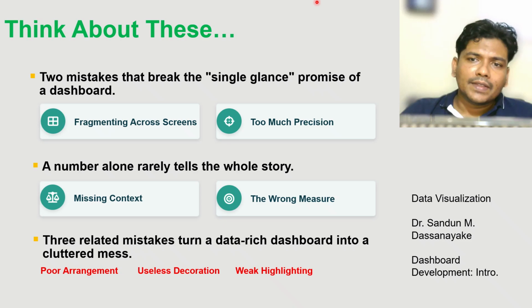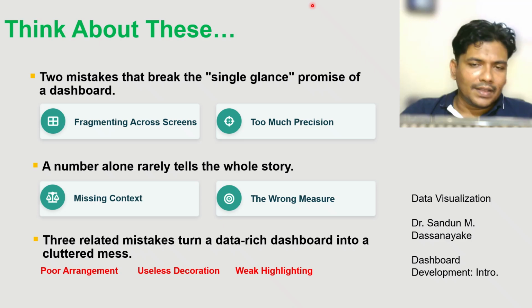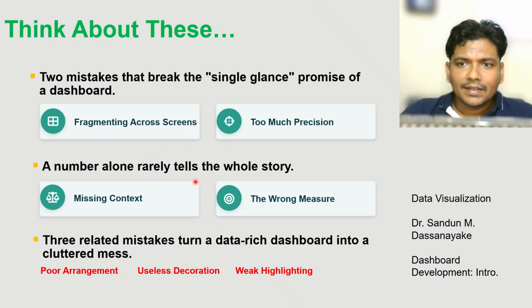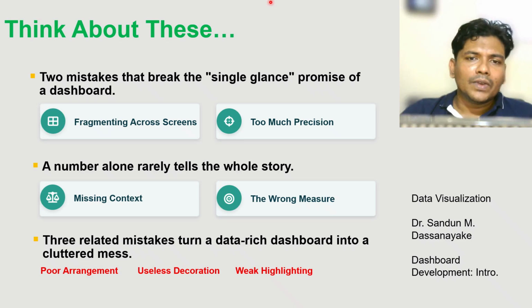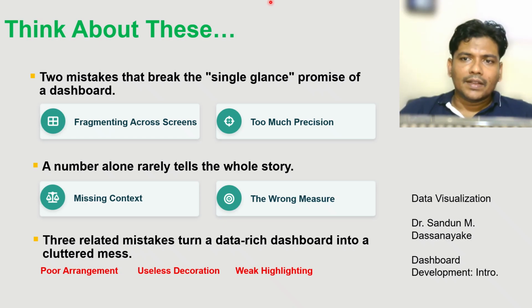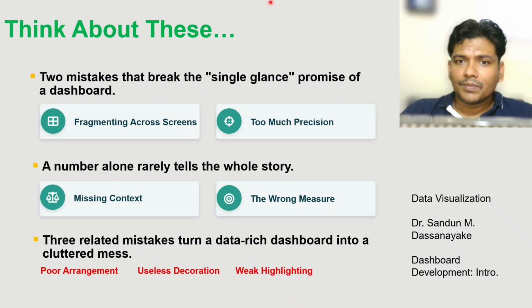There are also mistakes about meaning, not just layout. One is missing context. If you show a number without any comparison, target or history, people will not know if it is good or bad. Another is using the wrong measure. Few gives the example of a dashboard that shows actual and budgeted revenue as separate bars.